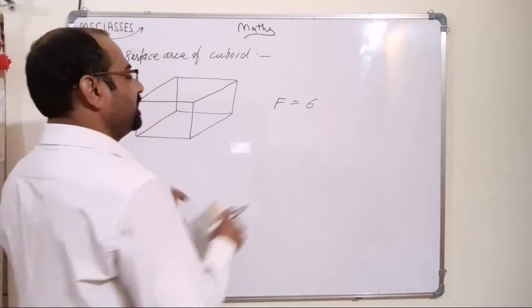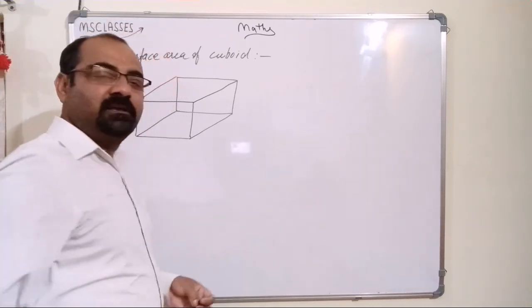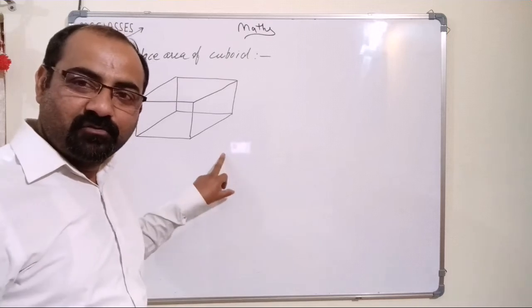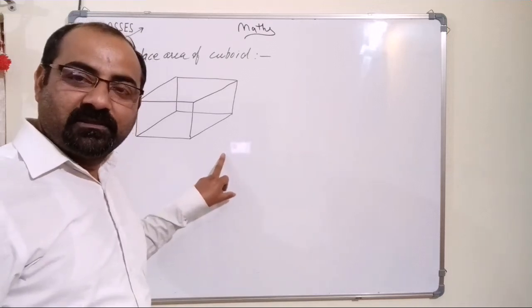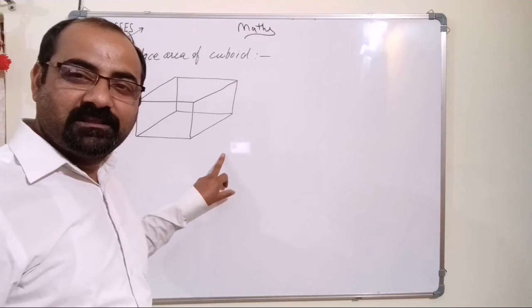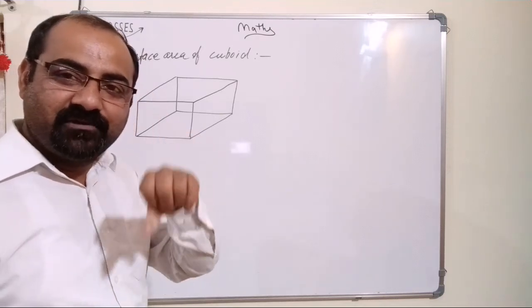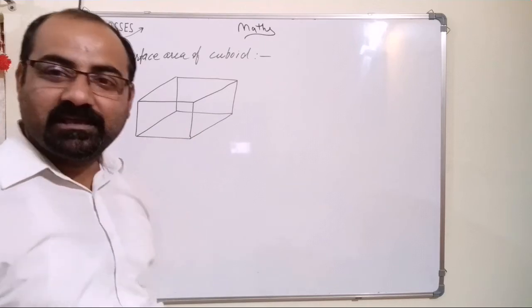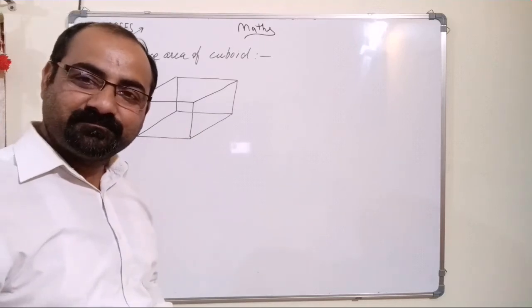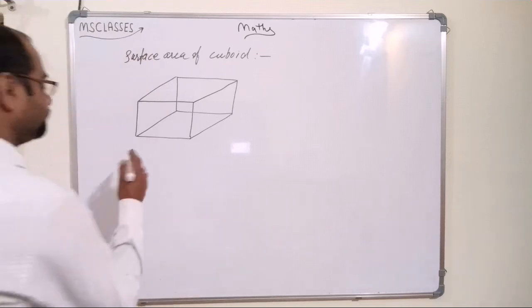Okay, so here again we see, if we have a hall in our room, in our home, then how many walls? Here we have 4 walls, 1 ceiling and 1 floor. So here again we have 6 walls. And how to find the area?